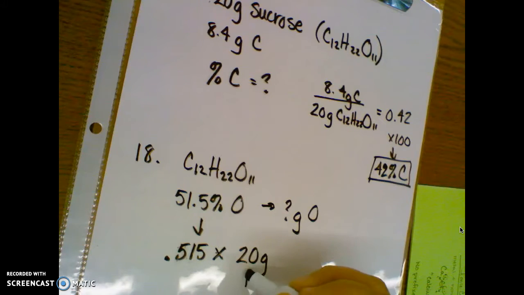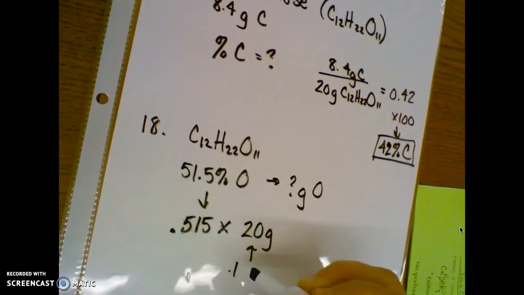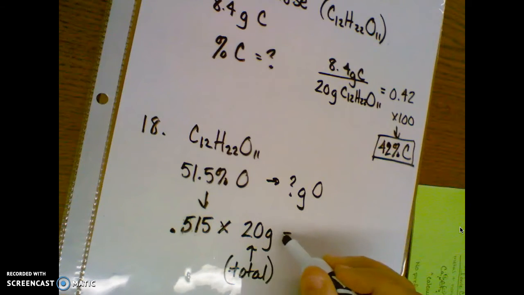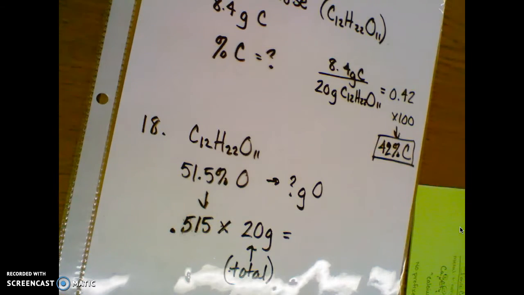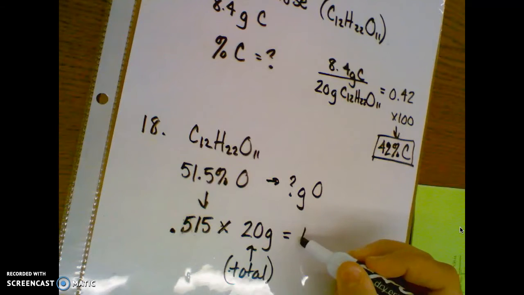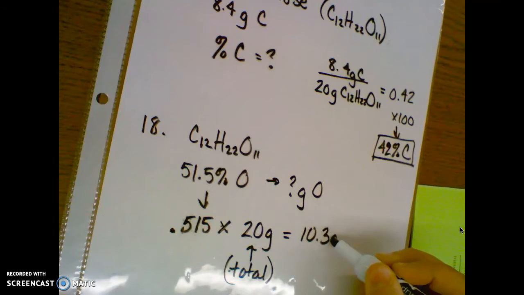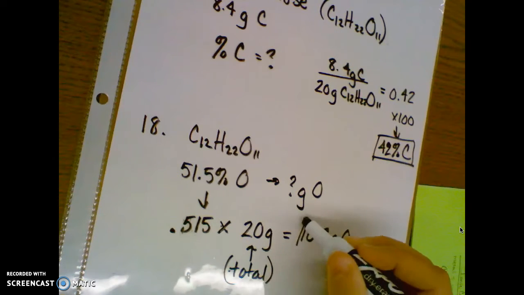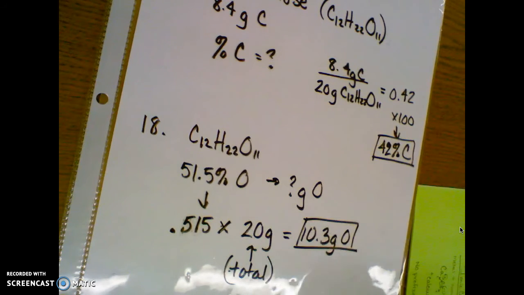So I'm going to multiply it by 20 grams again, because that's my total, my sample. And in this case, I get 10.3 grams of oxygen. And that's all we have to do.